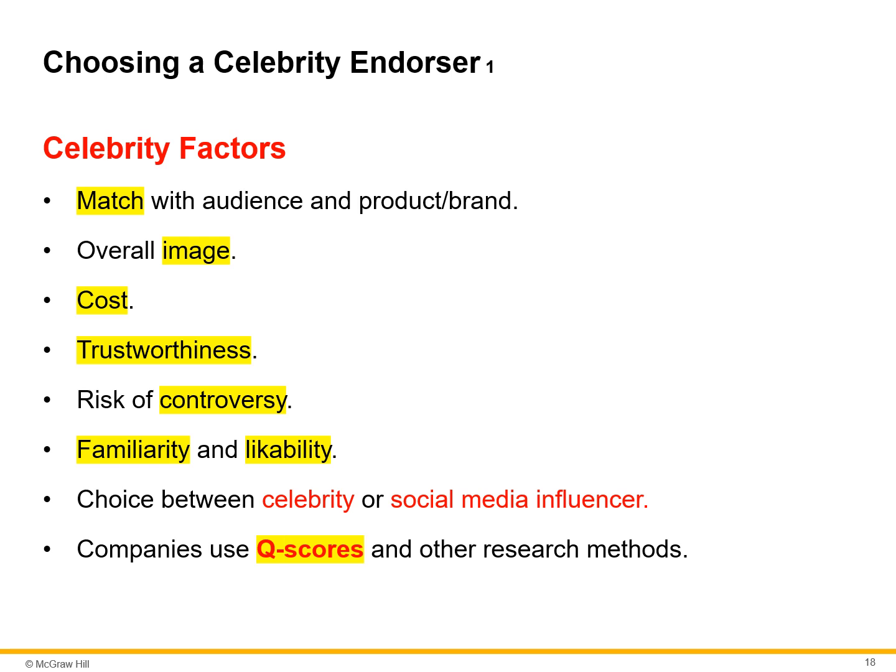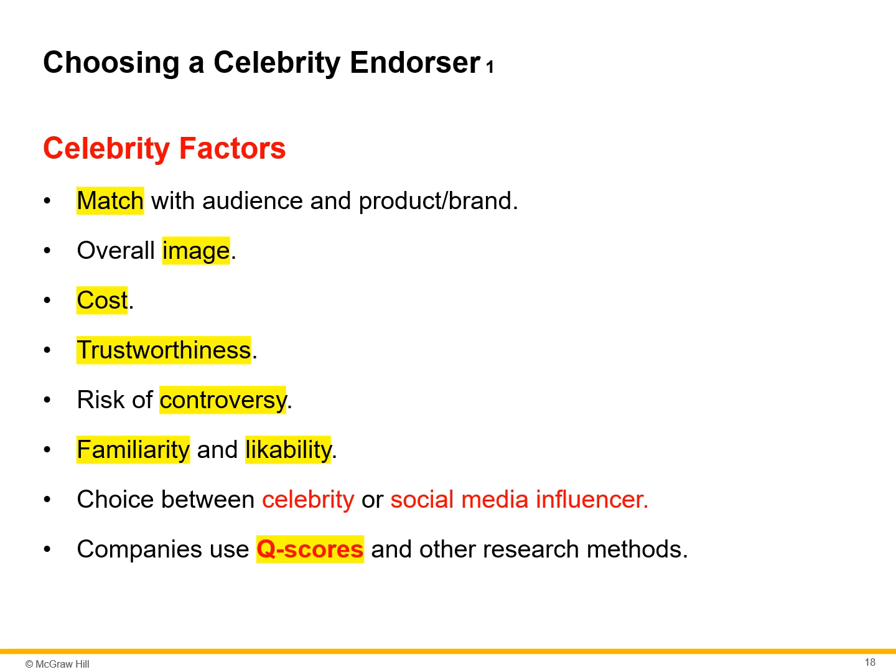It should have a good overall image. You don't want a scandal-ridden person to be your spokesperson. Cost is an issue. Some may demand a huge amount of money that you cannot afford. And trustworthiness, as we said, is a key issue here. If consumers cannot trust him or her, it's no use to have a celebrity.